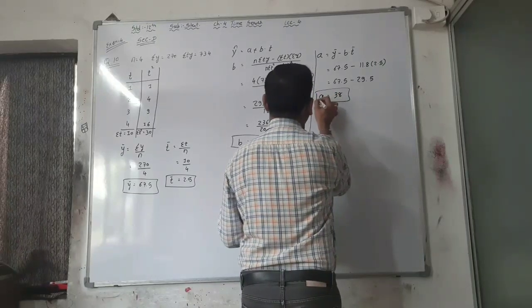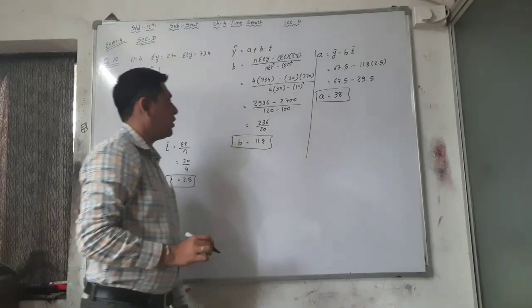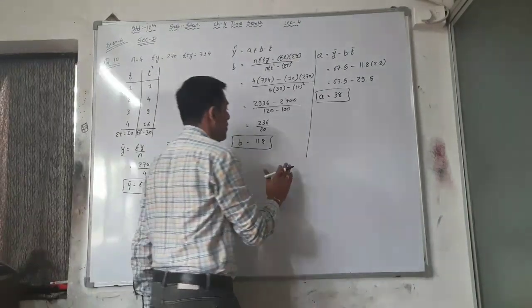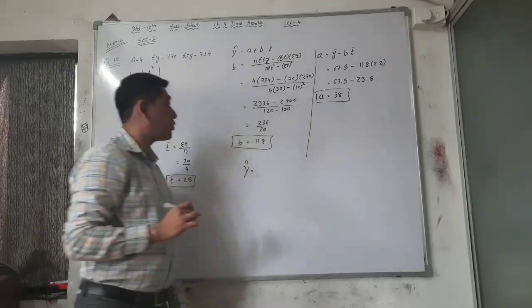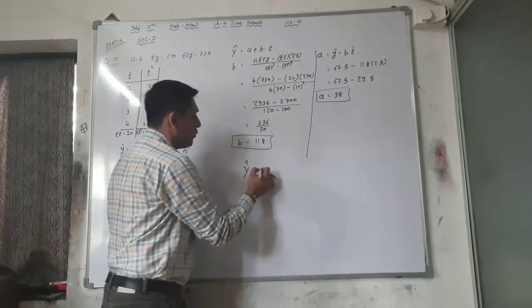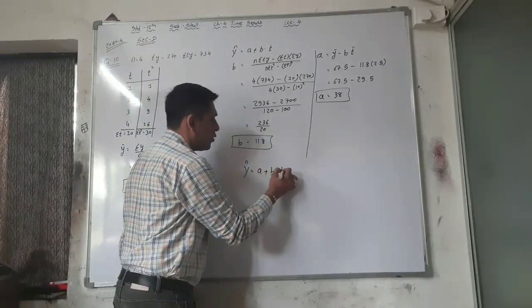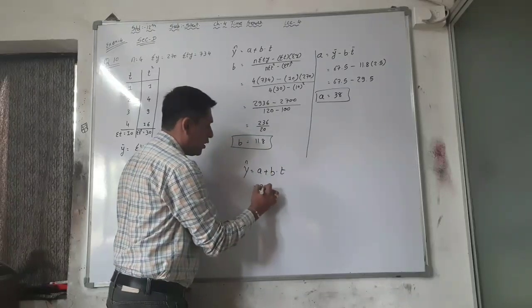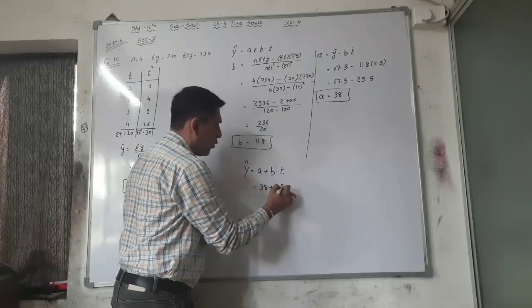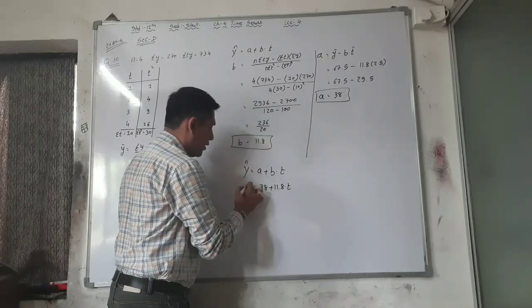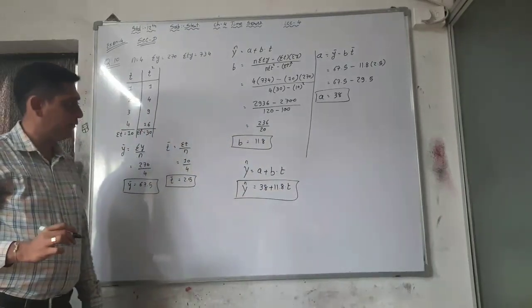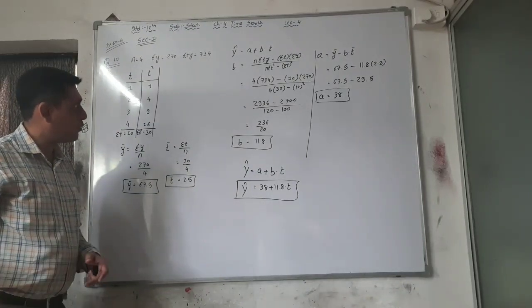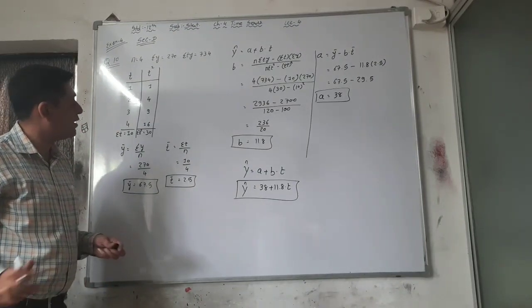So your A's value is 38 and B value is 11.8. Now we have to find out the linear equation, that is y cap is equal to A plus B T. So here 38 plus 11.8 T is your answer. Okay. So first of all, write down this. This is a very easy question.